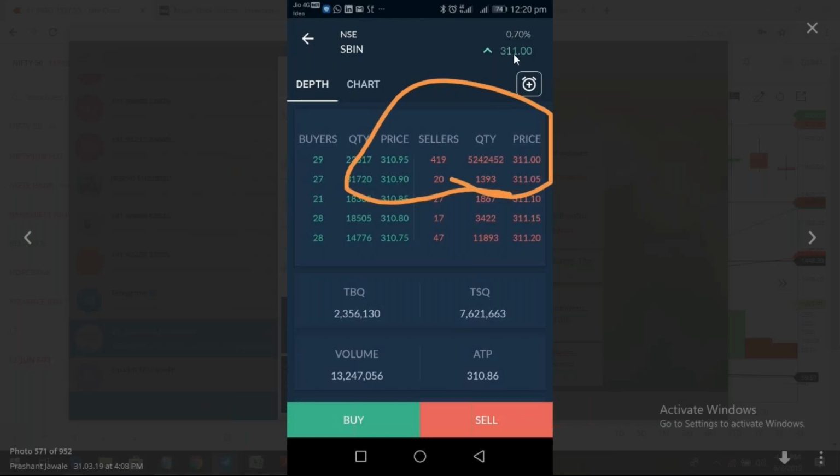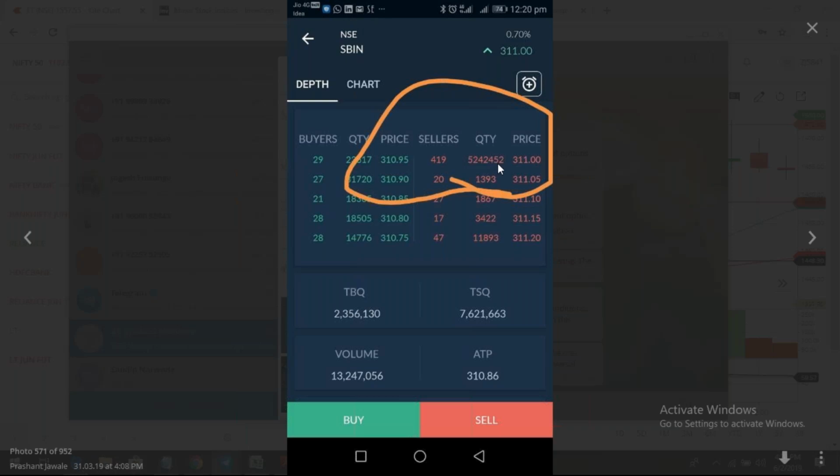See SBI. What is the rate? 311. Guys, first understand, please don't ask questions now. SBIN 311. On 311, see the quantity. Can someone tell me how much quantity this is? 52 lakhs.